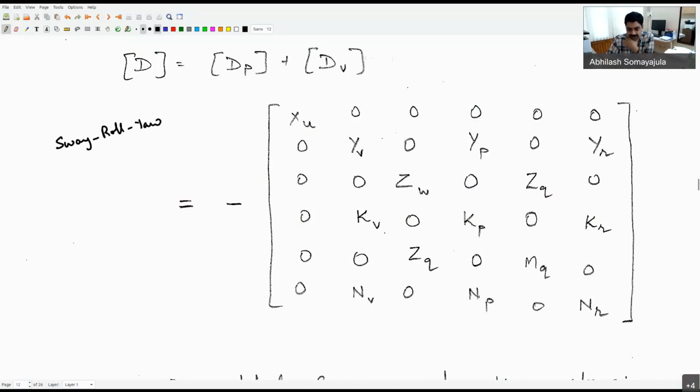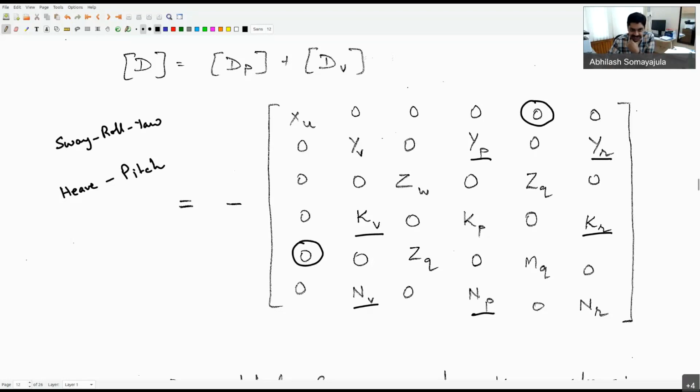So you see those cross-coupled terms are present in this system. We also saw some coupling between the heave and the pitch, which is expected, but we also expected to see something here as well as something here.